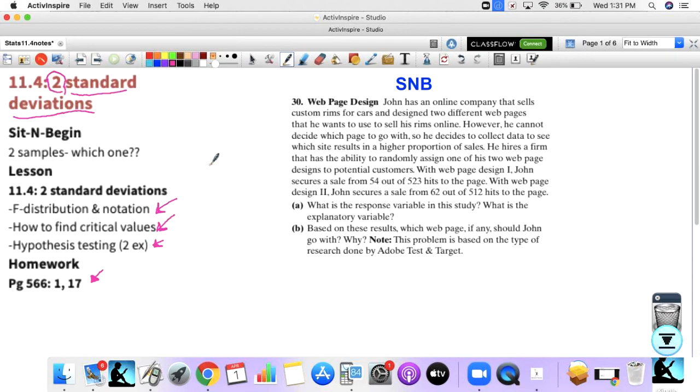When we get together next Thursday, we're going to be reviewing for our Chapter 11 test, which you'll be taking the following week at home. The following week is April break. If you want to take it right after the review, you're welcome to, as long as you can set that up with your parent. If you want to wait until after April vacation and do it that following Monday, you're welcome to do that also.